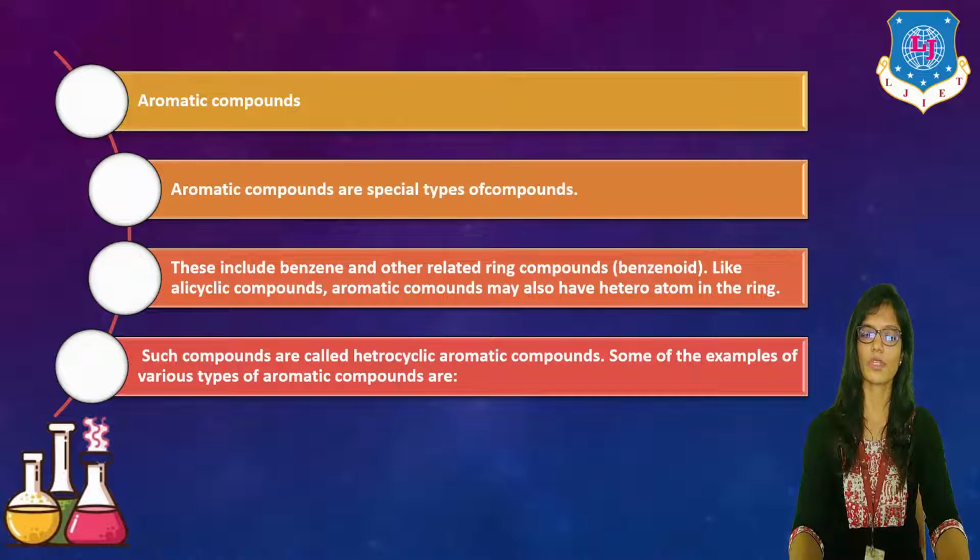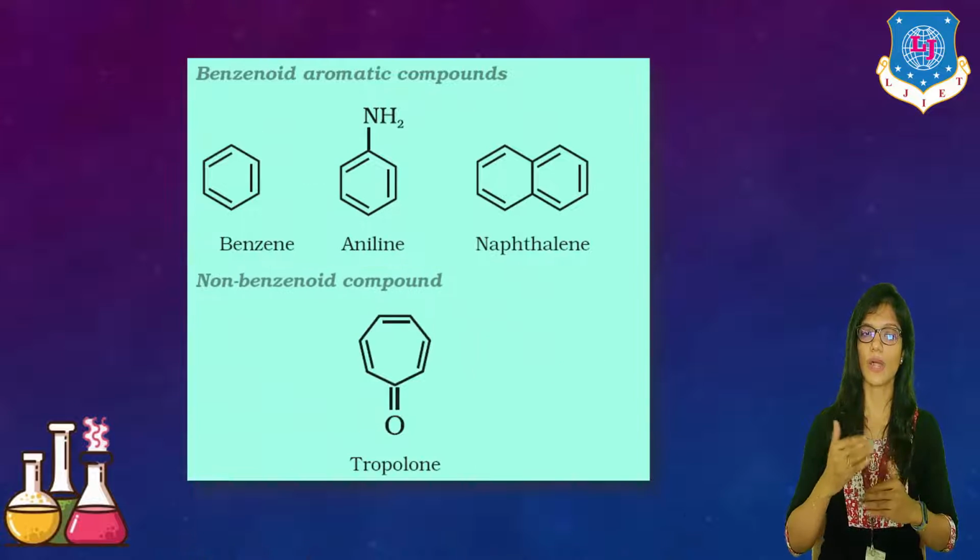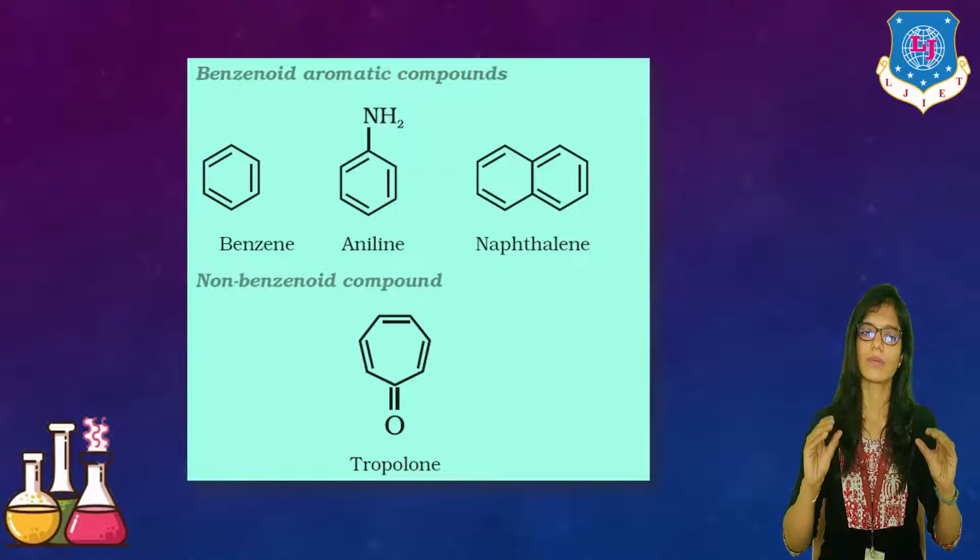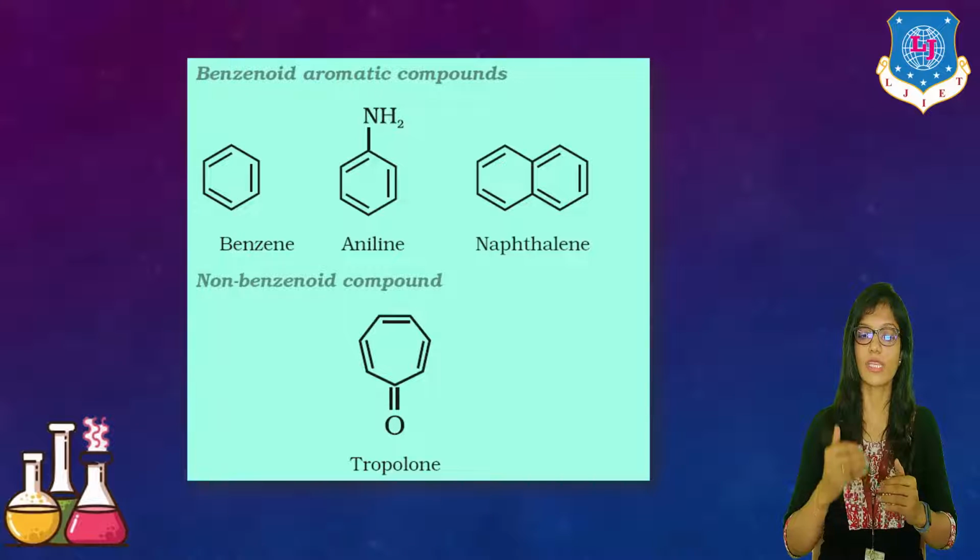Some examples of various types of aromatic compounds are benzene. It is again divided into two parts, benzenoid and non-benzenoid. Benzene, aniline, and naphthalene are the three which are considered benzenoids, while non-benzenoid is tropolone, right? As you can see here, it's non-benzenoid.